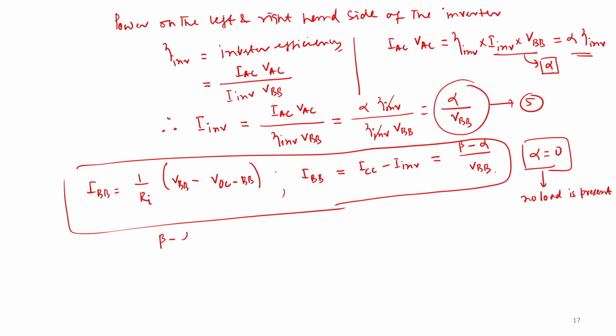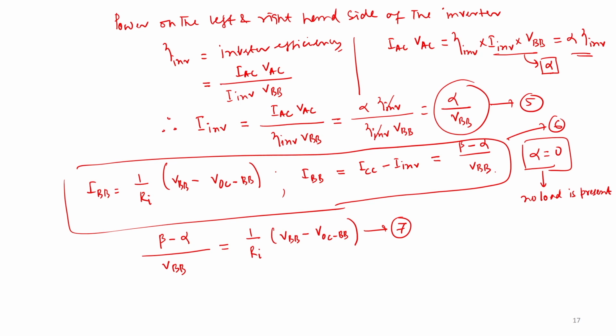Now, if we use those expressions, what we can get at the end is beta minus alpha divided by VBB is equal to 1 by RI times VBB minus VOC BB. Okay. So, this equation is 6 and this is 7, right.